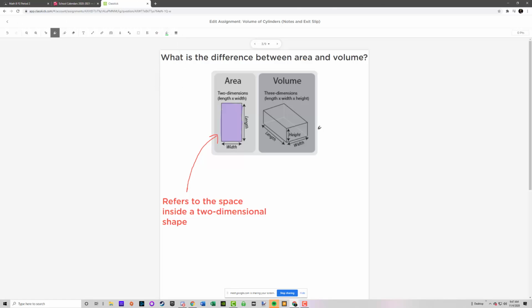Volume is very, very similar. The only difference is, instead of talking about 2-dimensional shapes, volume refers to the amount of space inside a 3-dimensional shape.